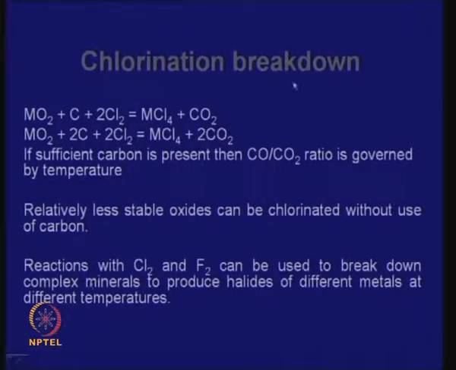Now, we can do similar things with chlorine or fluorine to break down complex minerals to produce halides of different metals at different temperatures. Very often these ores are very complex. We can separate. So, this is an example of chemical beneficiation.